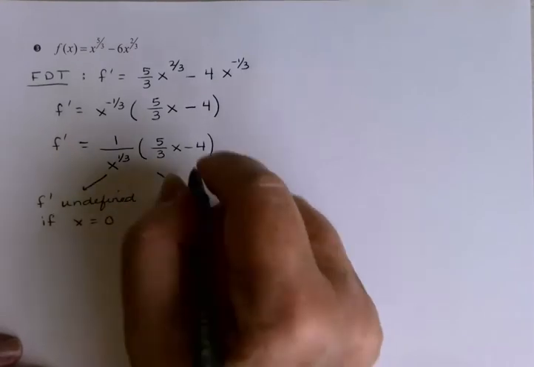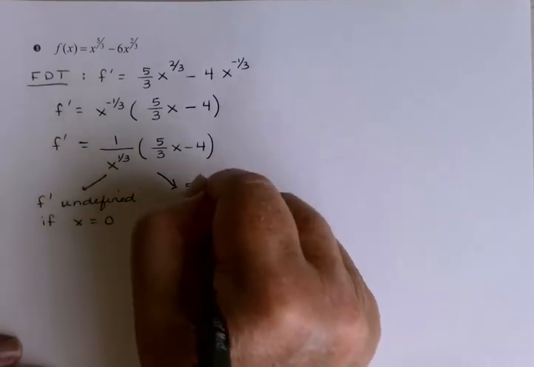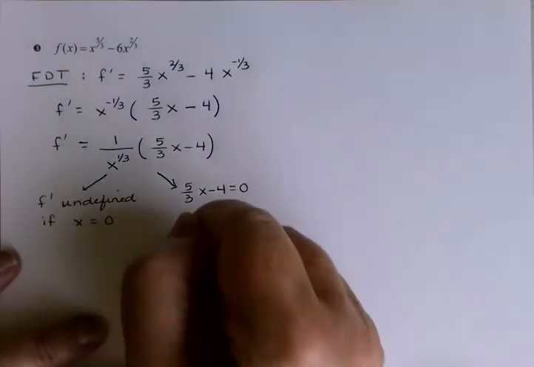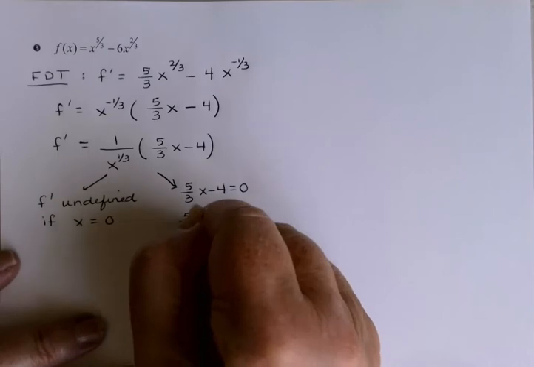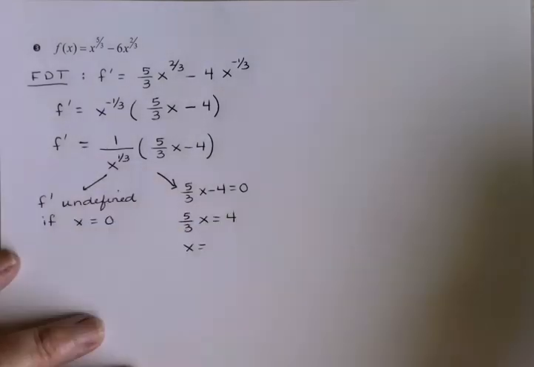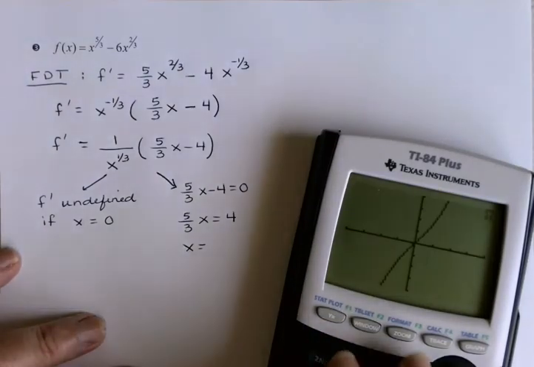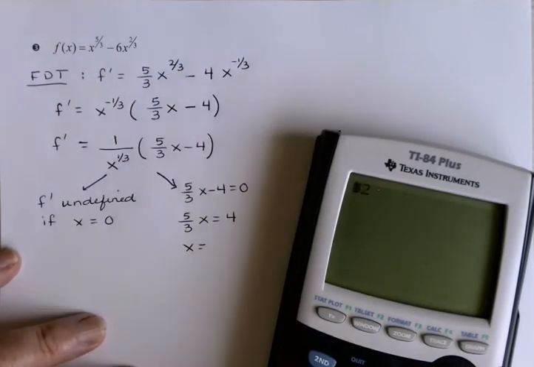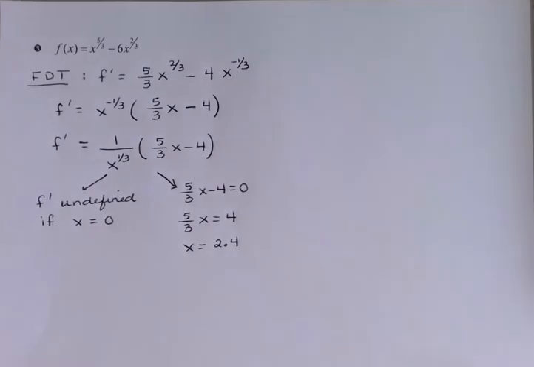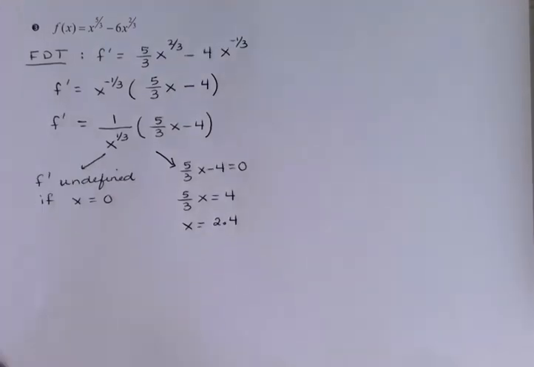And then I can also say that if 5/3 x minus 4 is equal to 0, I'll get another critical value. 5/3 x equals 4. x would be 12/5, which is 2.4. So two critical values, but they're critical values for different reasons. And I'm going to make that really clear when I create my number line.